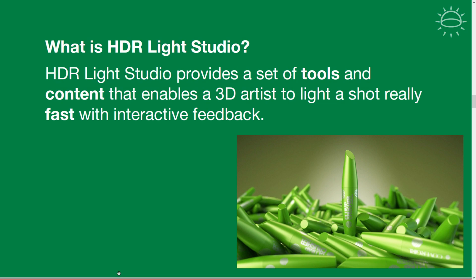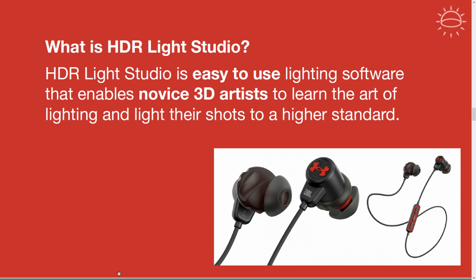HDR Light Studio provides a set of tools and content that enables a 3D artist to light a shot really fast with interactive feedback. HDR Light Studio is easy to use lighting software that enables novice 3D artists to learn the art of lighting and light their shots to a higher standard.